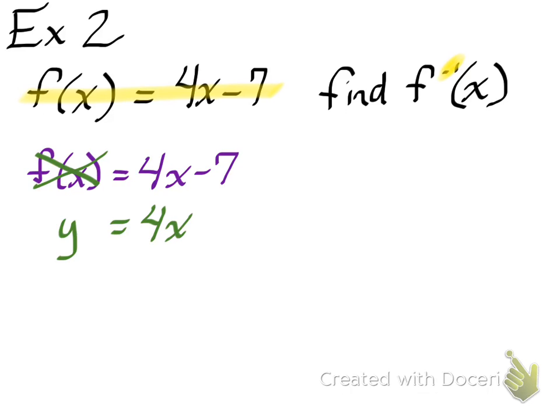It makes it easier to solve for the next part. And so now what I told you inverses were when x and y traded places. So I'm just going to trade places with my variables x and y, and I am going to solve for y.